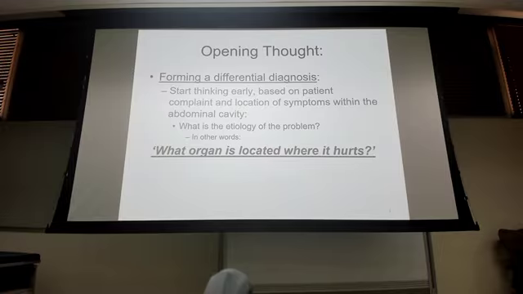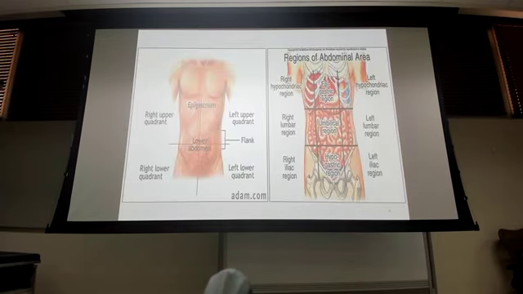Pancreas can present with epigastric pain. Biliary tree, heart, right? So chest pain can be MI related. It can be heart related. So I want you to briefly look back over those quadrants, right? Don't really memorize the list, but just think about what's located in those regions of the abdomen.